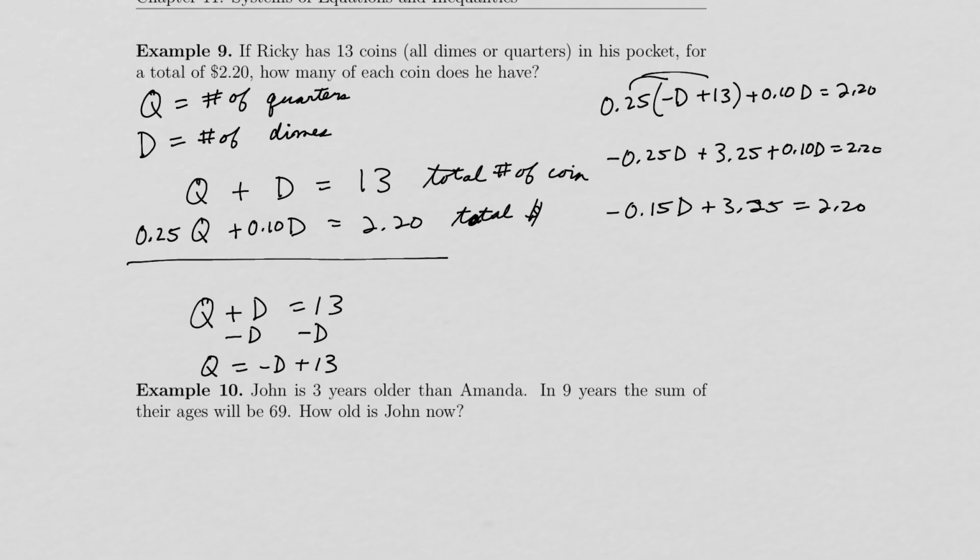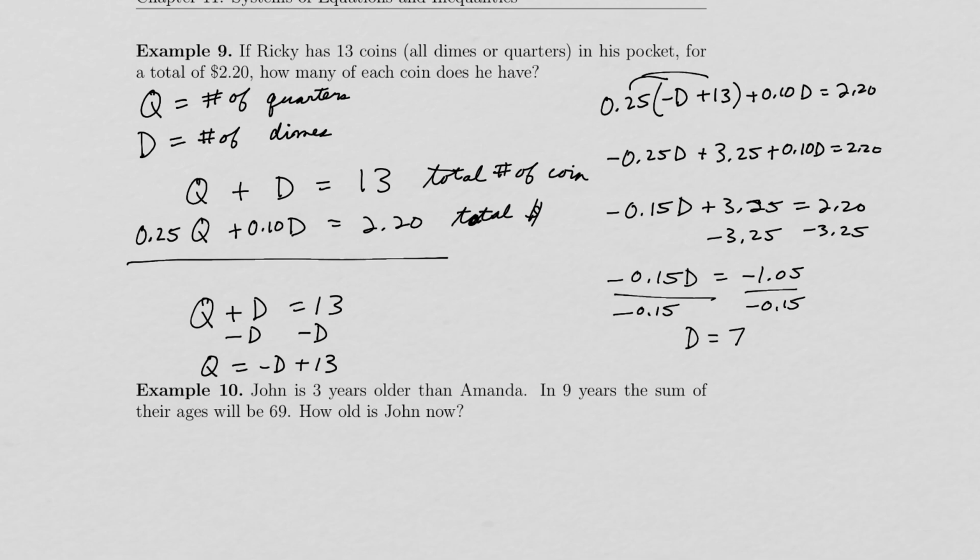Then I'll subtract 3.25 from both sides. So I have negative 0.15 d is equal to negative 1.05, I guess. And then divide by negative 0.15. And if you do that, you're going to get d is equal to 7.